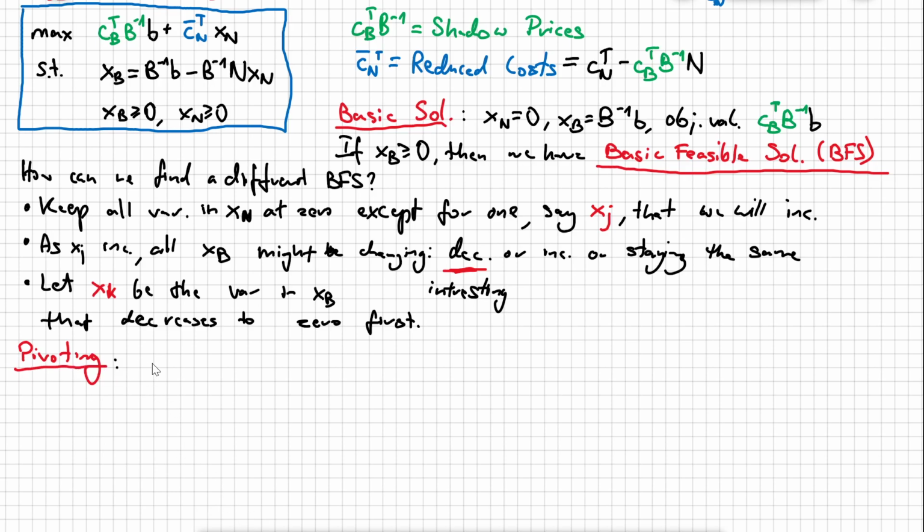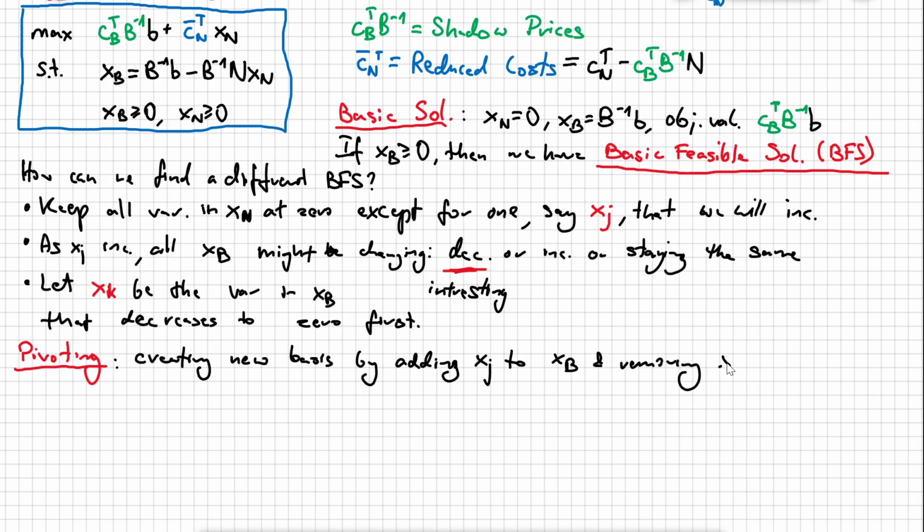Pivoting is creating a new basis by adding xj to xb and removing xk.